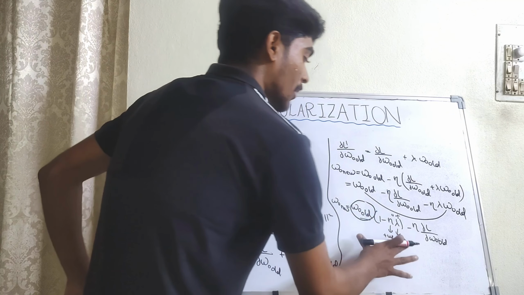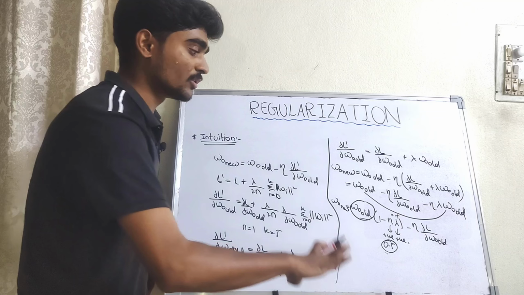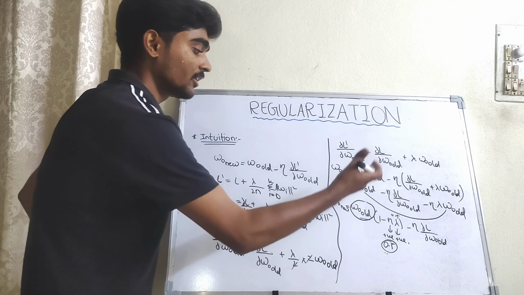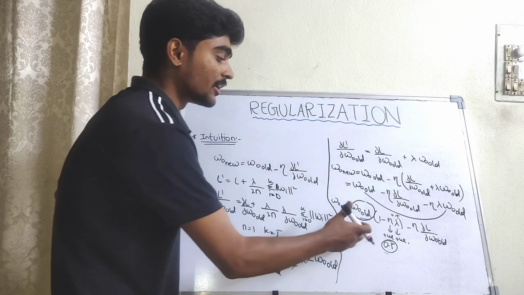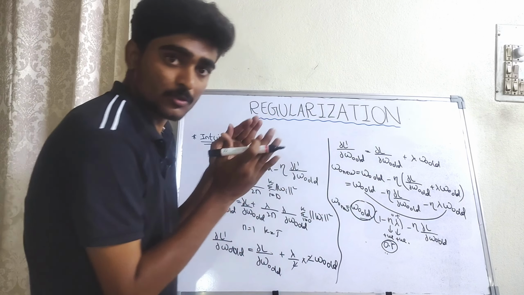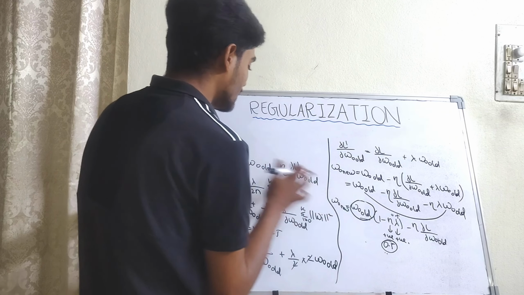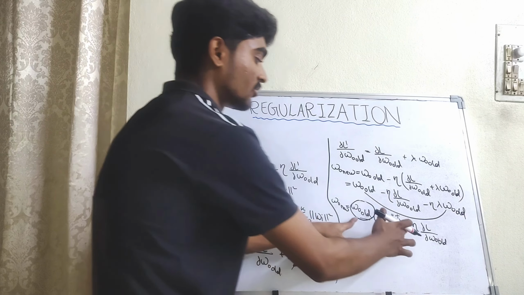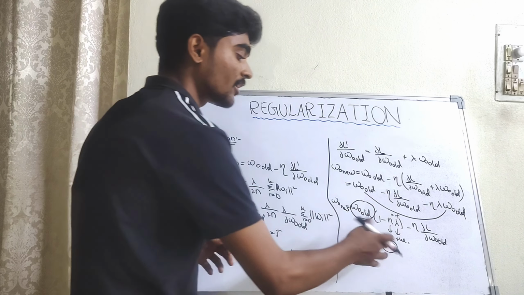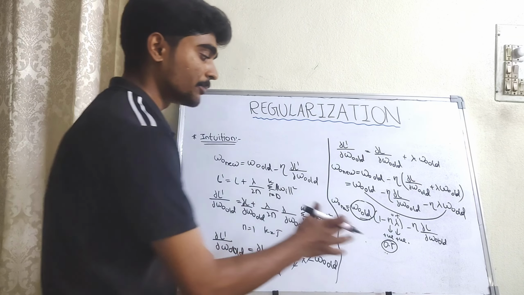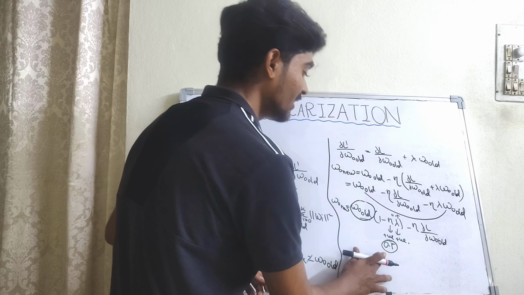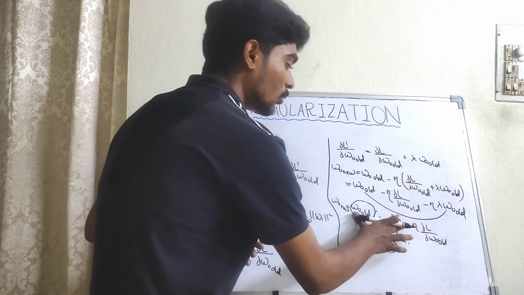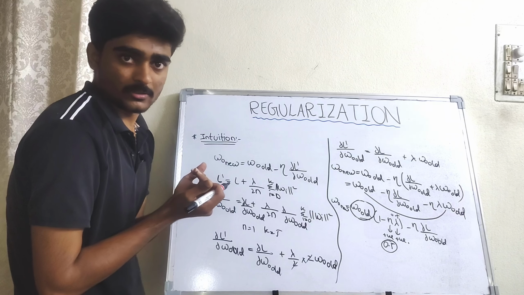So by applying this regularization, what is happening is this scaling term is multiplied to my old weight value. This quantity becomes smaller. When you compare both, this quantity is larger and this one is smaller, because of the multiplication by 0.5.